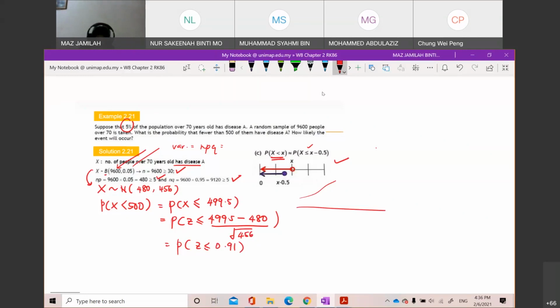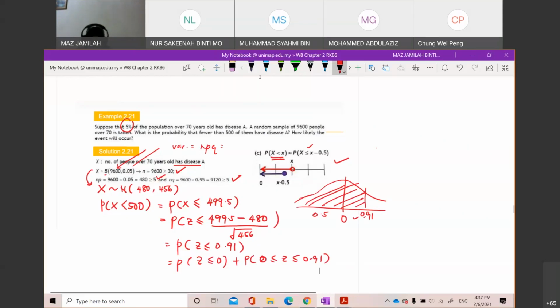Okay, so if I go to the sketch, 0.91, less than, you have this area. So 0.5 plus this one. So this will be P(Z less than or equal to 0) plus P(Z from 0 until 0.91).